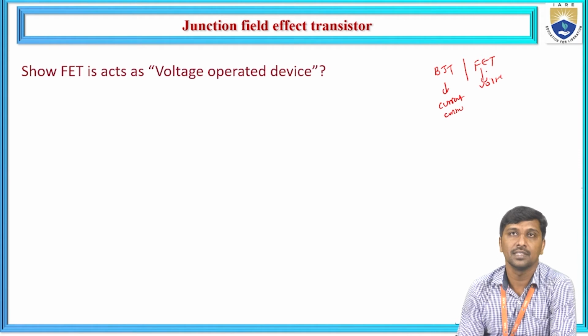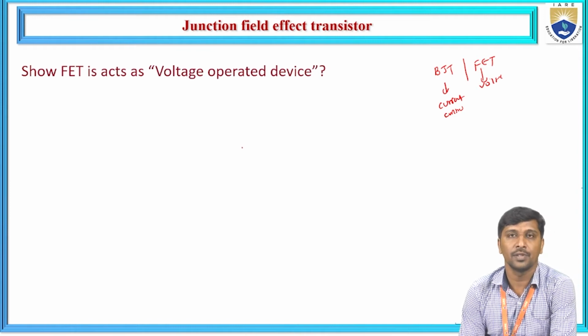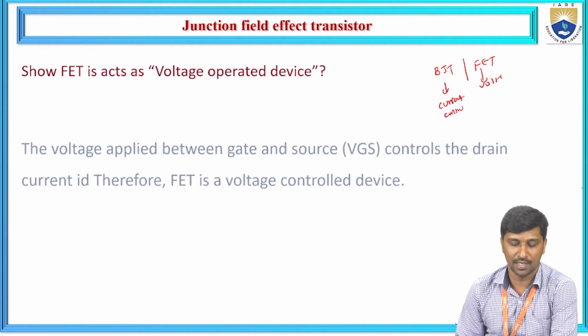Why? Because the drain current is controlled by an applied electric field between gate and source. That is the reason the FET acts as a voltage control device or voltage operated device.